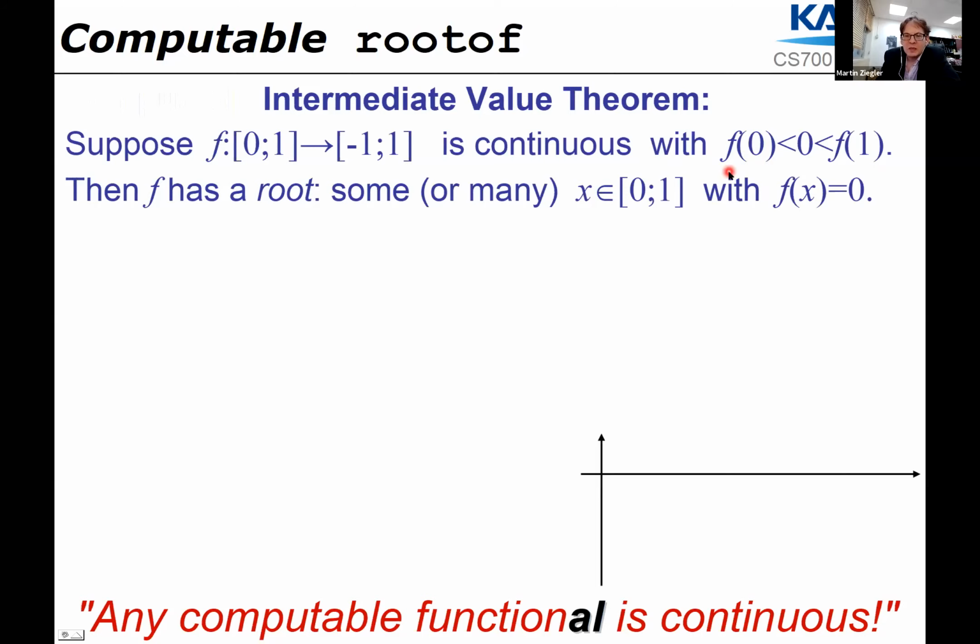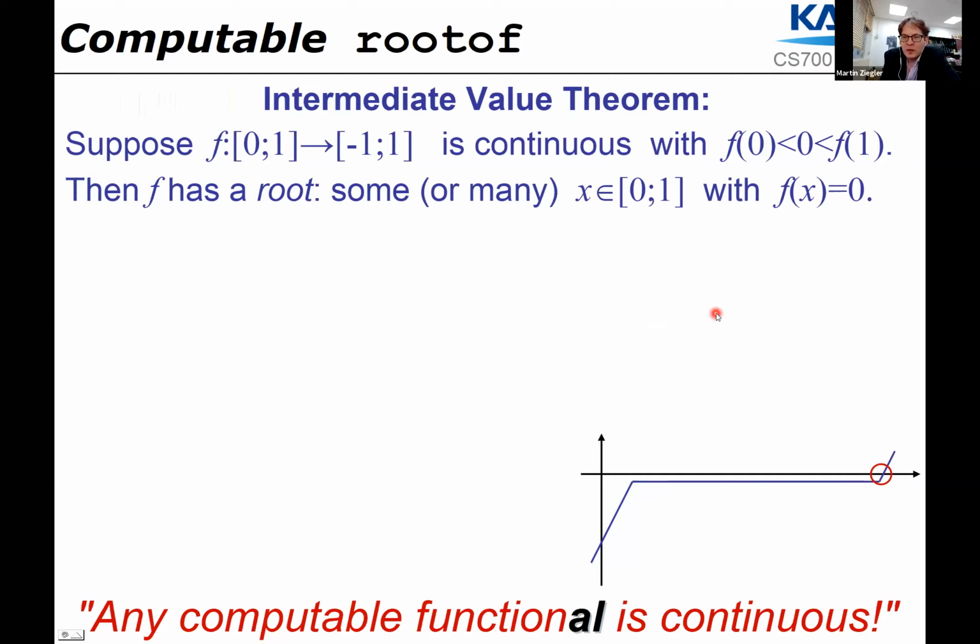Here you see an example of such a function. It's a continuous function. It's negative at argument 0. It's positive here at argument 1. And so the intermediate value theorem says it has at least one root. And indeed it has. Here's a root, right?